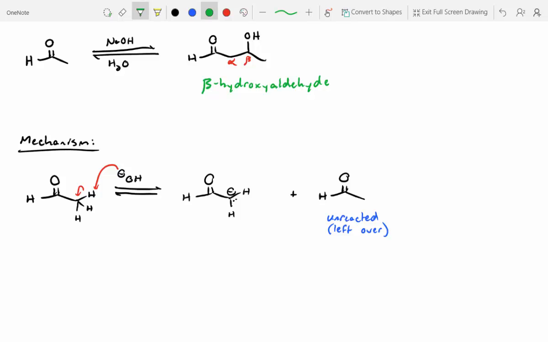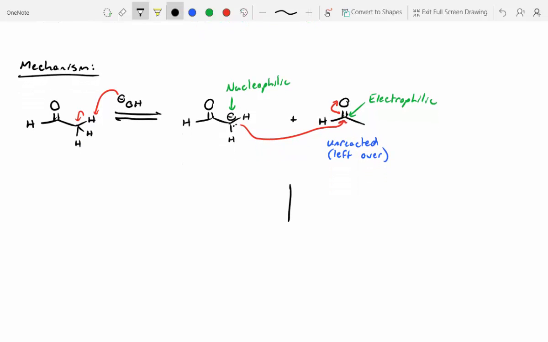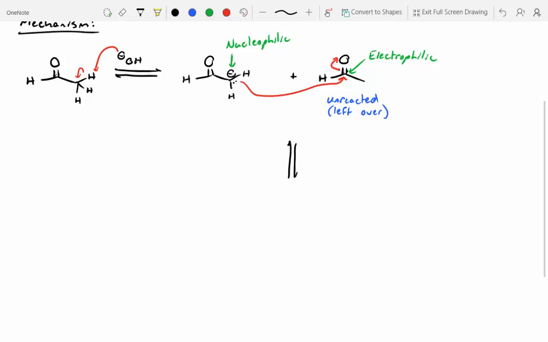So if we look at this, this is nucleophilic. This is electrophilic. And you can have your enolate attack the other unreacted aldehyde and kick up electrons onto that oxygen.